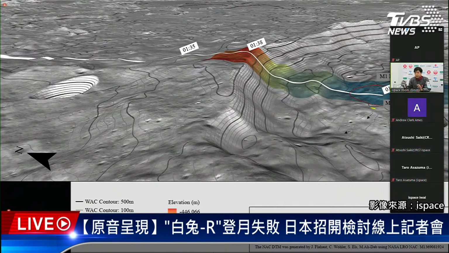This steep altitude change corresponded to the initiation timing of the gap. That means the gap between estimated altitude and measured altitude was due to this crater rim. Then please move on to the next slide.